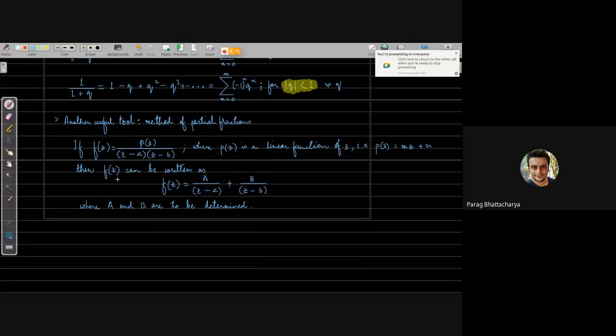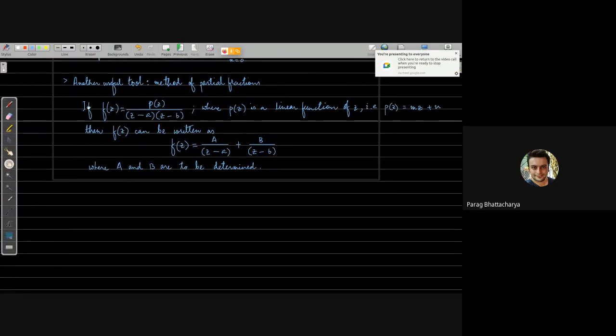I'll just mention it in general. When can you use this method?